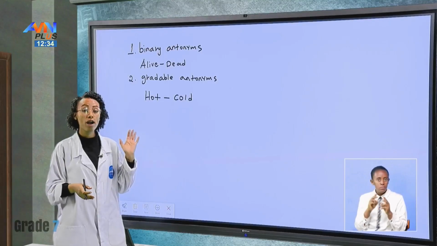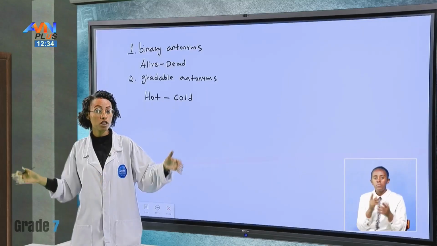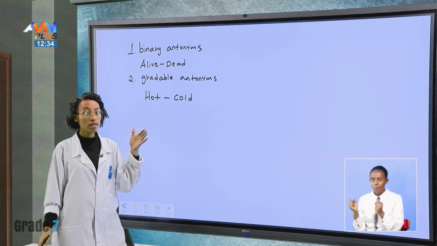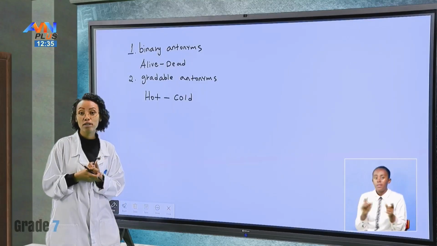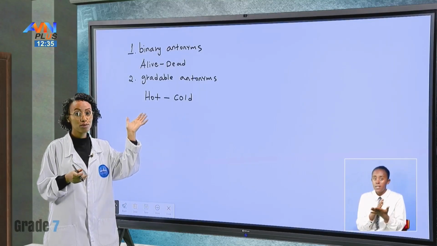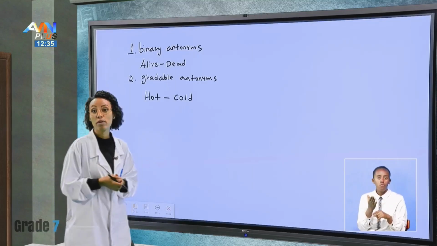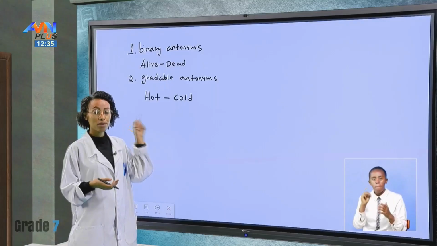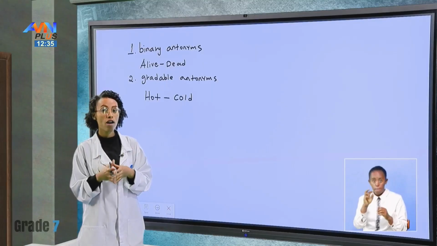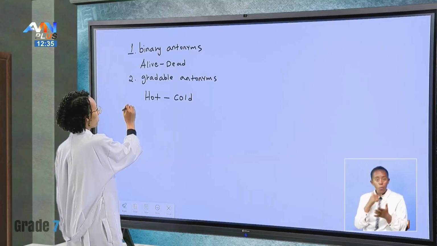So you find hot at one spectrum and cold at another. And in the middle, between these two, we have different kinds of temperatures. We have lukewarm or warm, but it may not be hot or cold. So these two are at different spectrums. That's why they're called gradable.